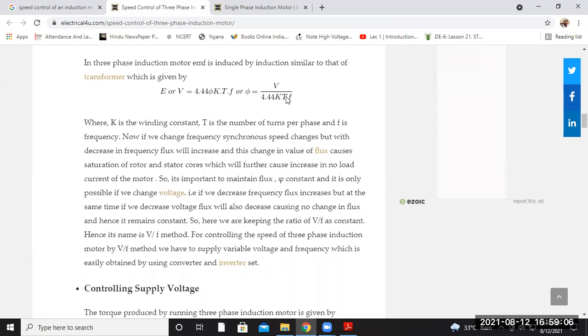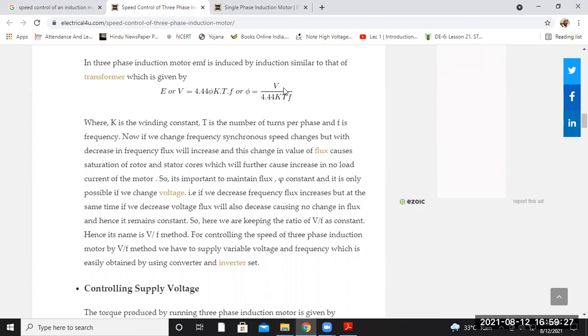But if we decrease the voltage, flux will decrease, which means flux is directly proportional to voltage. So flux is directly proportional to the V upon F ratio.